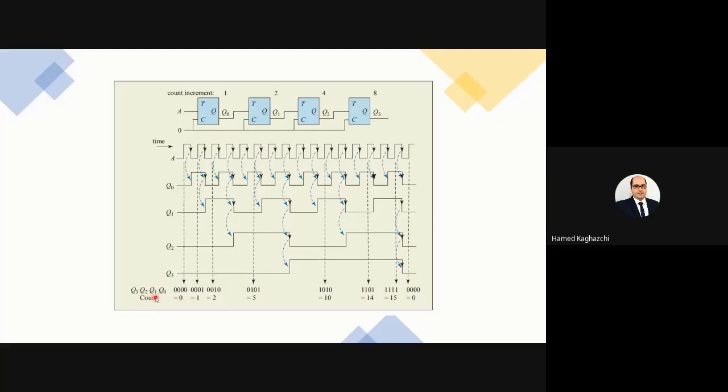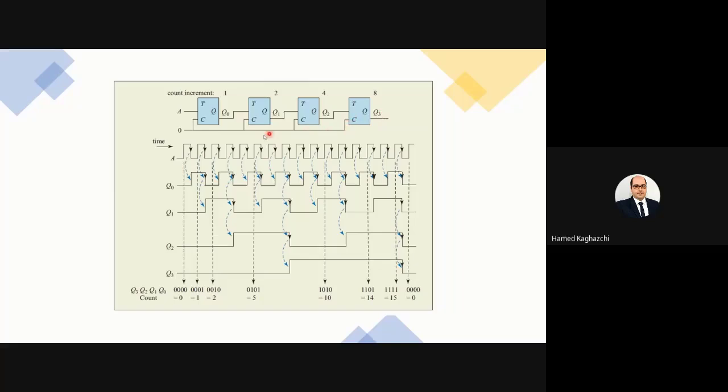For this reason, I need 4 toggle flip-flops, and I connect them in cascade form. As you see here, the output of the first flip-flop, which is called Q0, is the input of the second flip-flop, and the output of the second flip-flop is the input of the third flip-flop, up to the end.